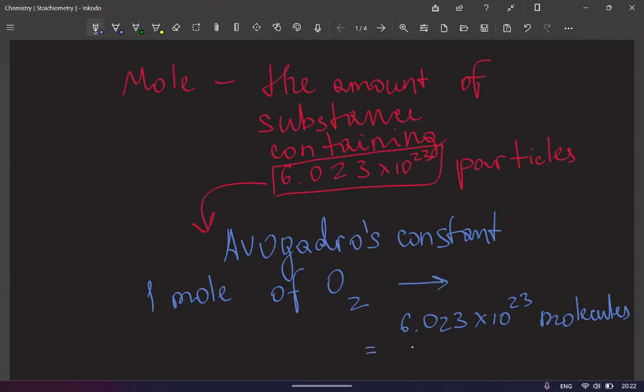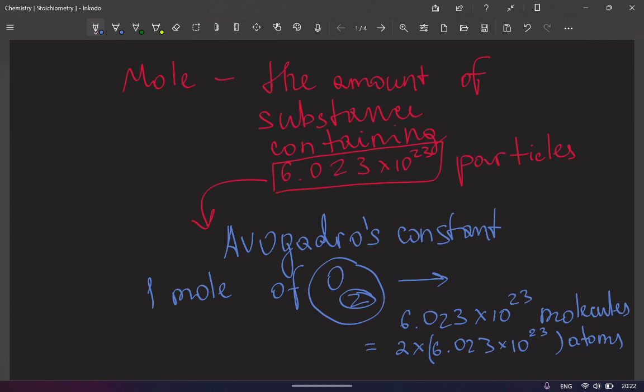Or it contains 2 multiplied by 6.023 multiplied by 10 raised to the power of 23 atoms, since in 1 molecule of oxygen we have 2 atoms. And this is the same for any substance, any compound, or any element.